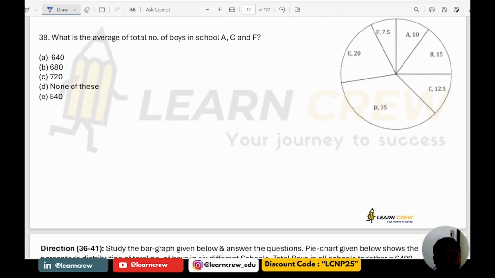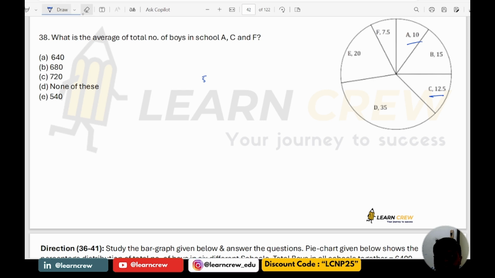What is the average of the total number of boys in A, C and F?